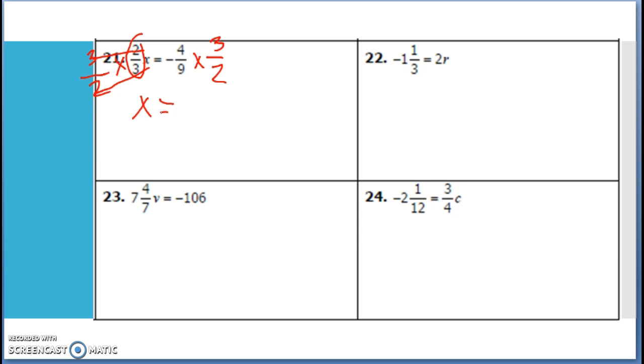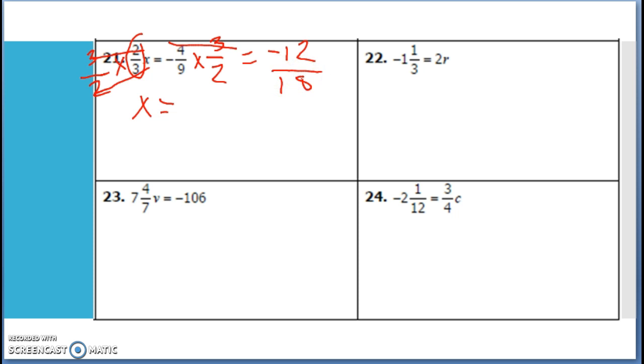And now we can multiply our fractions. So we can do this very quickly by hand, or you can use your calculator. If we do it by hand, remember, a fraction times a fraction, we just go straight across. Negative 4 times 3 is negative 12. So that took care of the top. 9 times 2 is 18. So negative 12 over 18. So type that in your calculator.